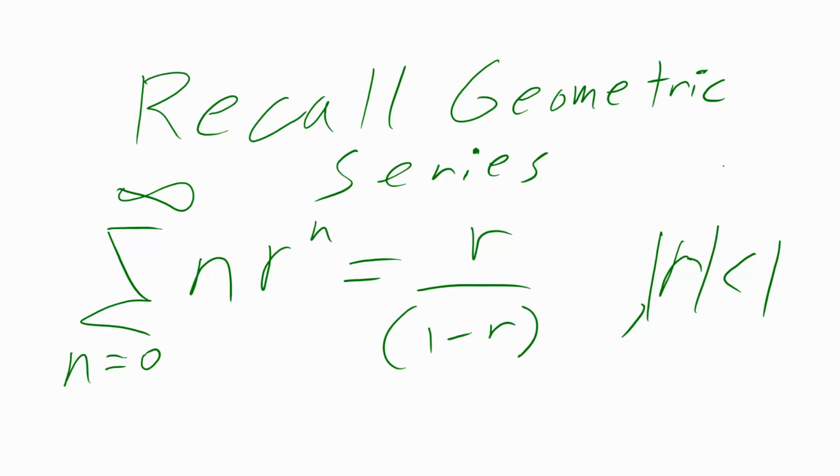So if we have the summation from n equals 0 to positive infinity of n times r to the n, the answer would be r over 1 minus r, and that's supposed to be squared there. Okay, and then the region of convergence would be absolute value of r is less than 1.